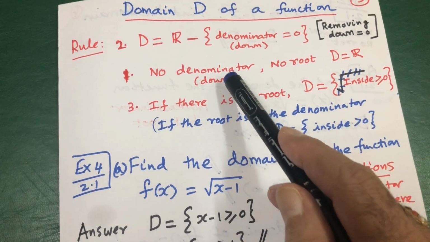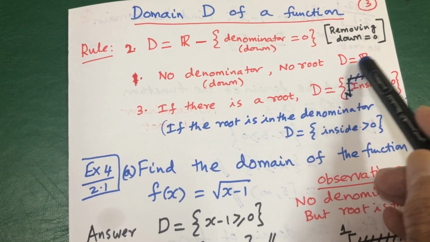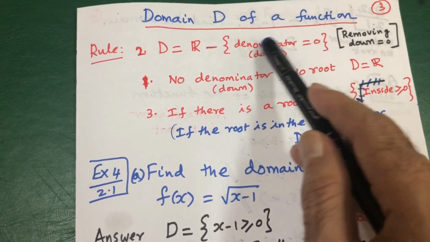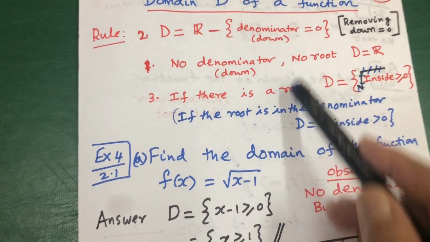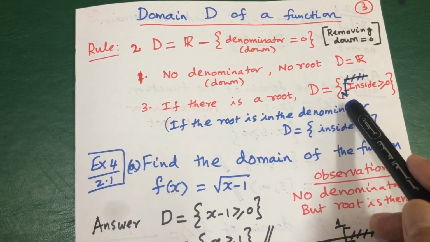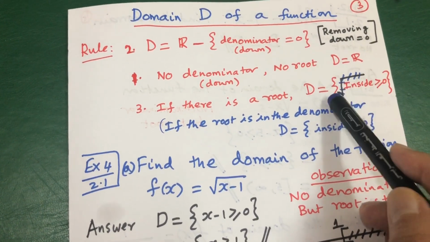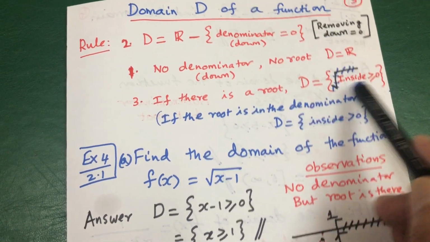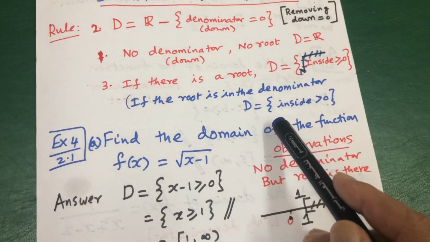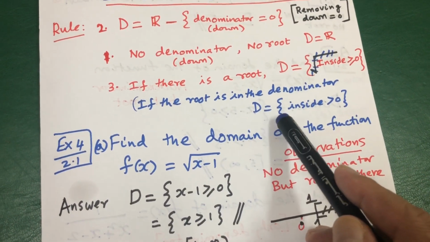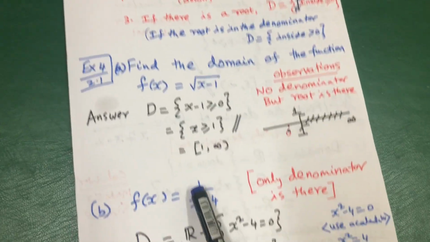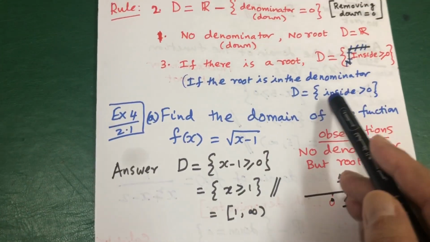So I repeat, when there is no denominator and no root, the answer is D is equal to R. When there is a denominator, R minus the denominator equal to 0. If there is a root, the answer will be the set of all x with inside greater than or equal to 0. If the root is in the denominator, you have to remove the 0 also, that is why you get inside greater than 0. When the problem comes, you understand it.